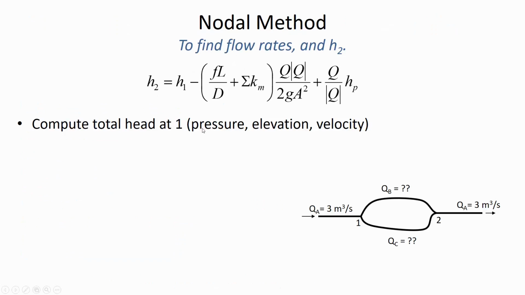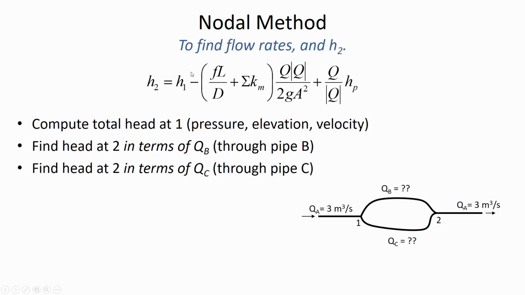Now, we can use this equation to find out the head at a certain location, and we can use that nodal approach to find out how much flow is going through pipe B compared to pipe C. In a hypothetical problem, we would find out how much head there is at 1 by combining the pressure head, elevation head, and velocity head.